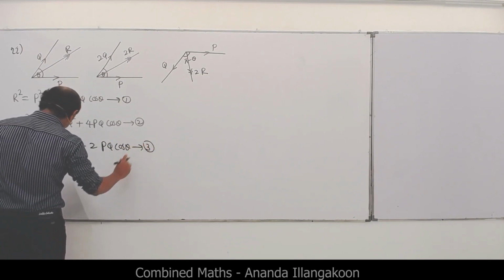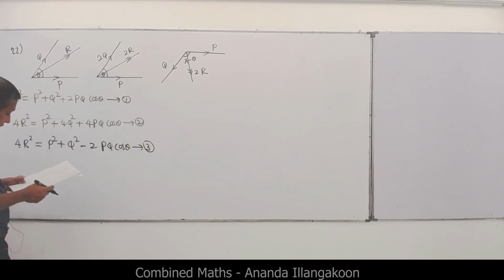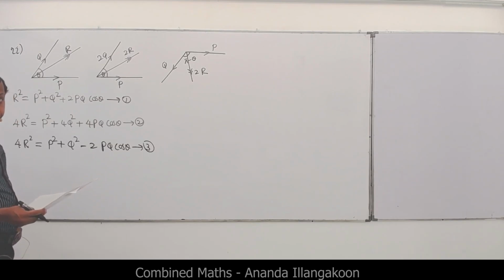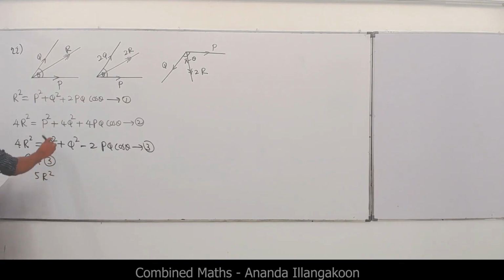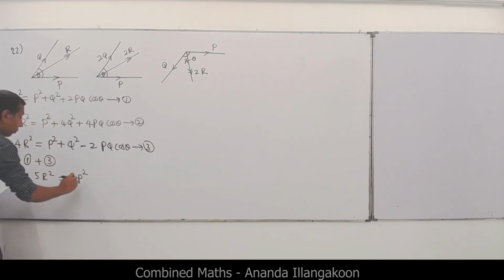Number 3. By this we are supposed to find the process this way. We take 1 plus 3. 1 and 3 we add. We get 5R squared on the left hand side: 2P squared, 2Q squared.